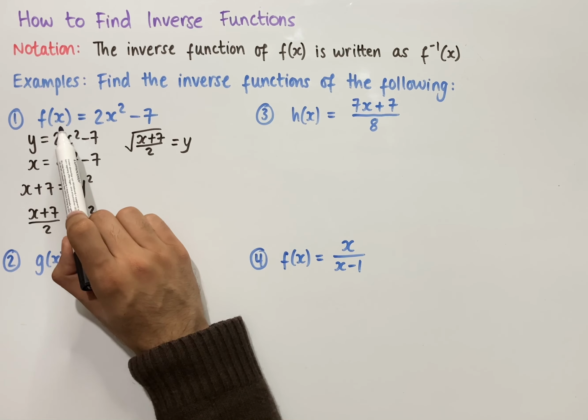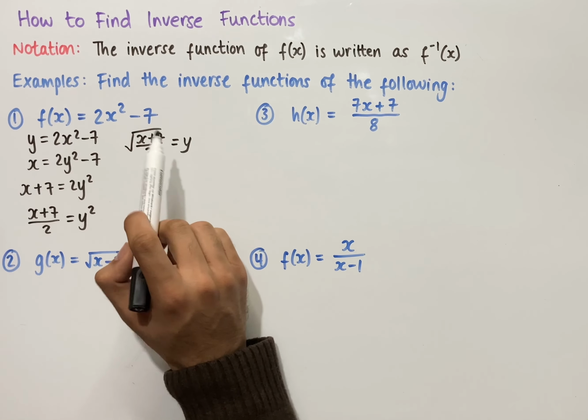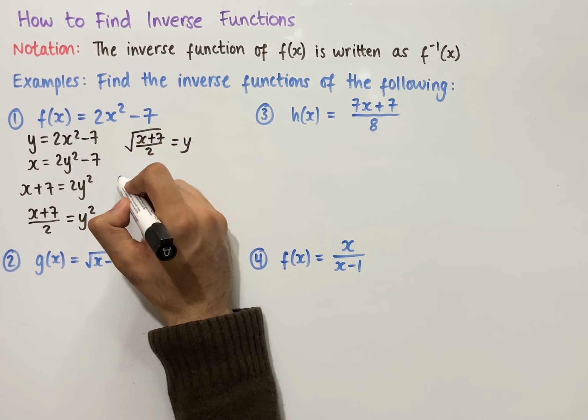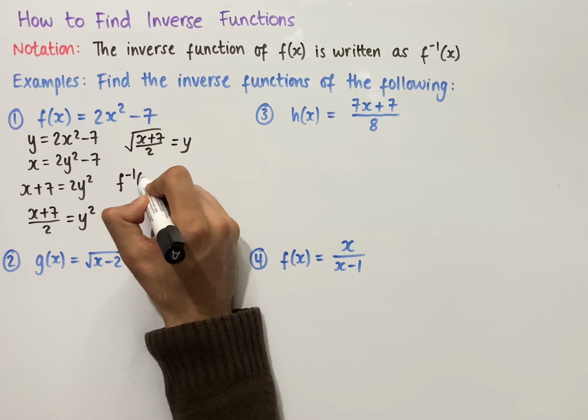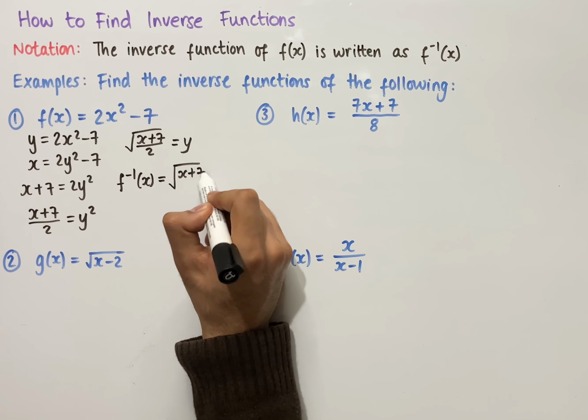And so the inverse function of f of x is the square root of x plus 7 over 2. And so we can replace y with the inverse notation, which finally gives us f inverse of x equals the square root of x plus 7 over 2.